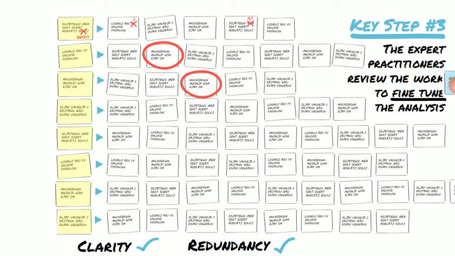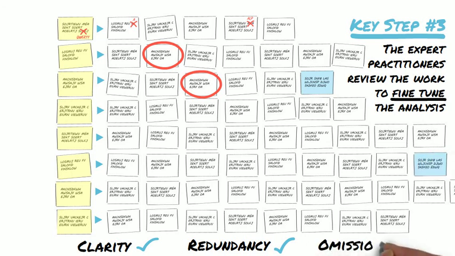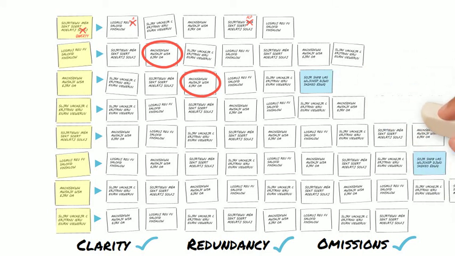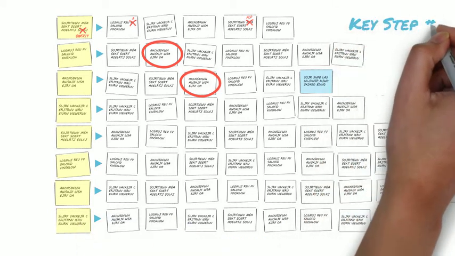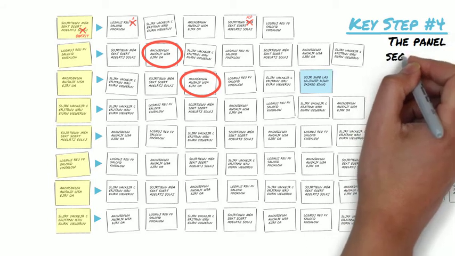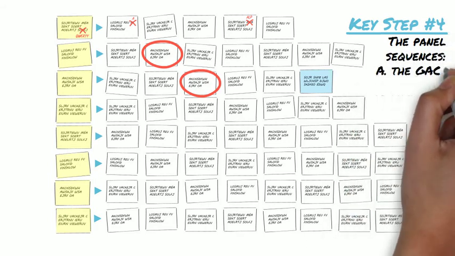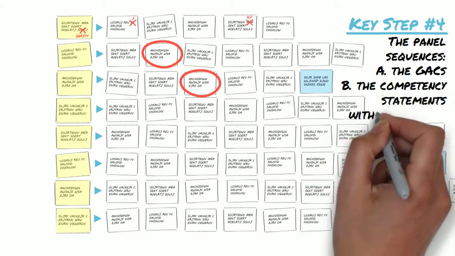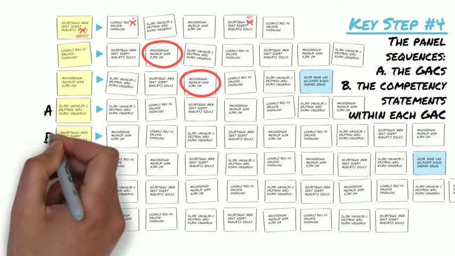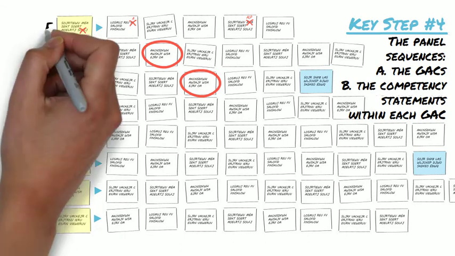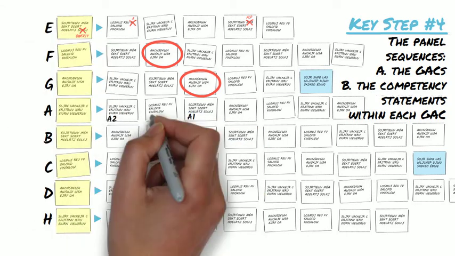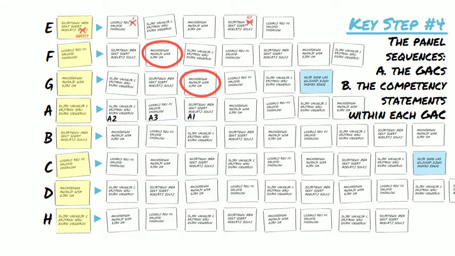And have we omitted anything? And finally, as a last key step, the panel sequences in a logical fashion the GACs and then the competency statements within each GAC. The purpose of this step is to ensure that the sequencing makes good common sense for anyone familiar with the occupation.